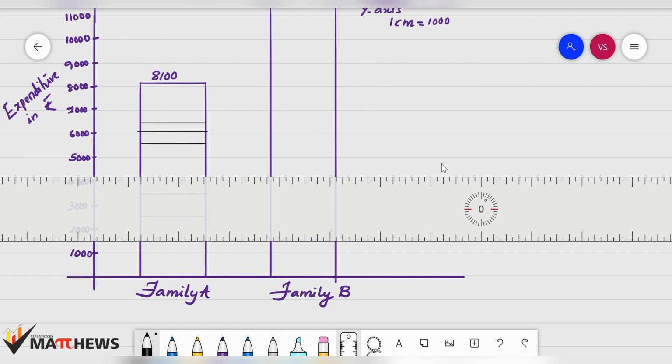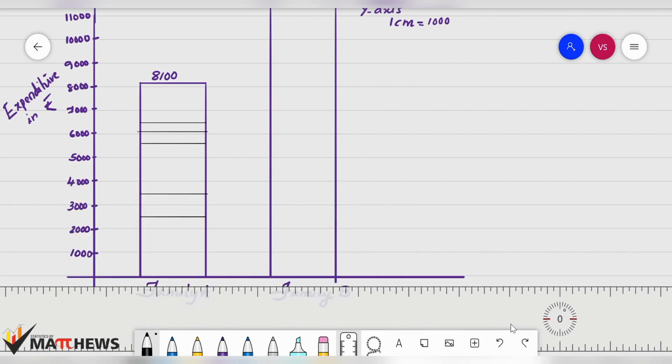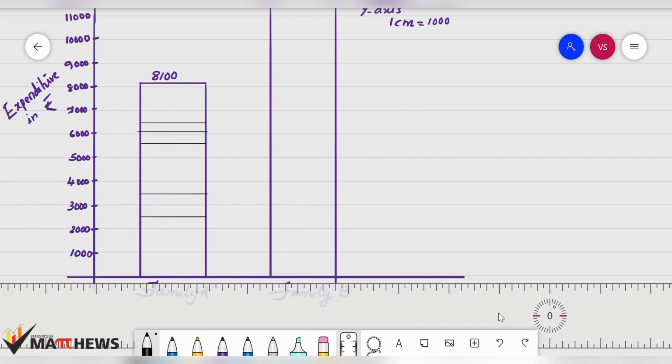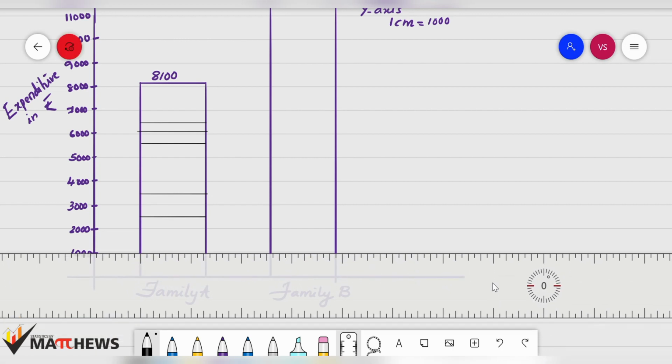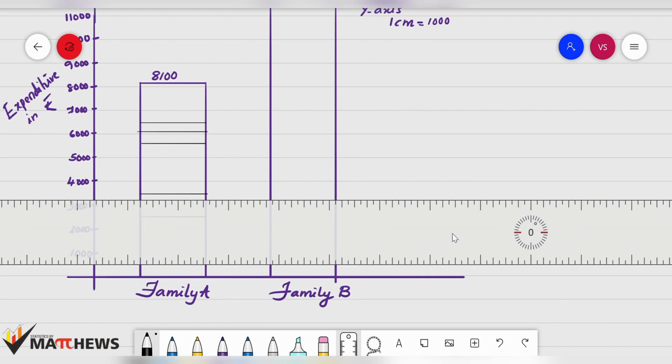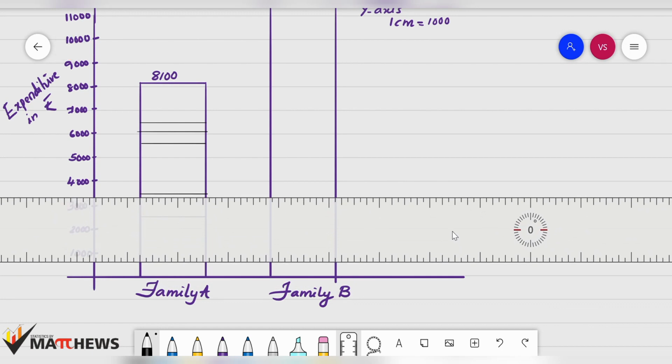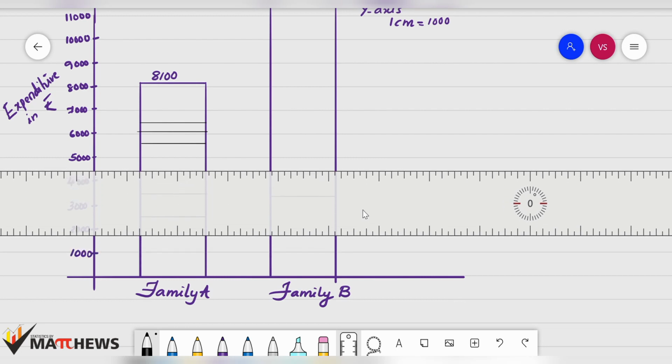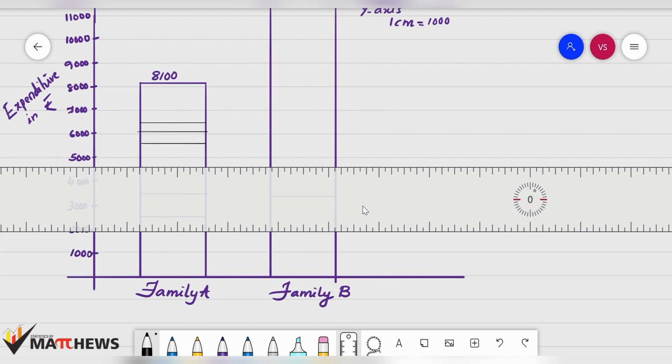Right. The next for family B. For family B, the first marking is at 3,350. It is here. The next is at 4,600. The next marking is 7,700.